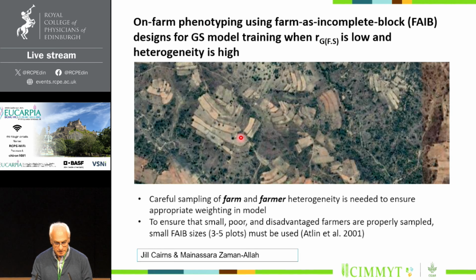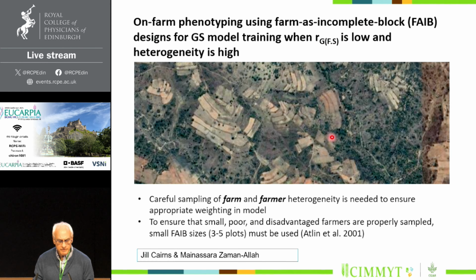Yeah, I've already described that. Now, what are the practicalities of getting breeding values estimated on the farm? You have to treat individual farms as incomplete blocks, so you take your training population and you spray it out across a large number of farms.